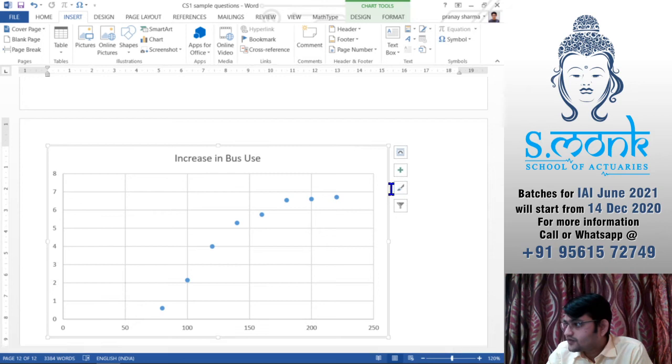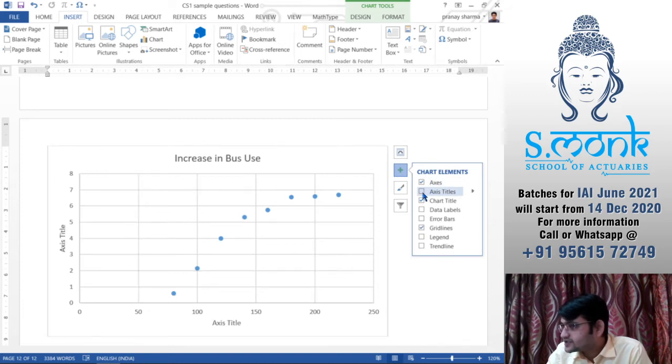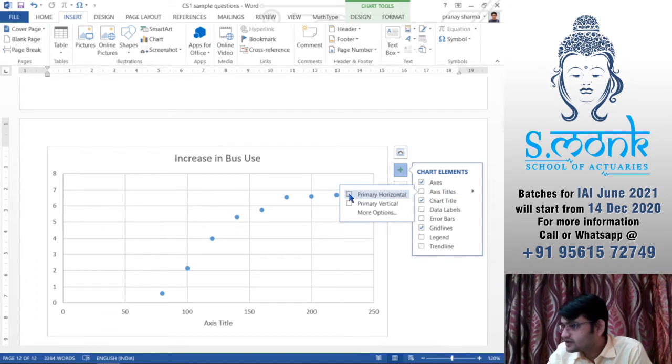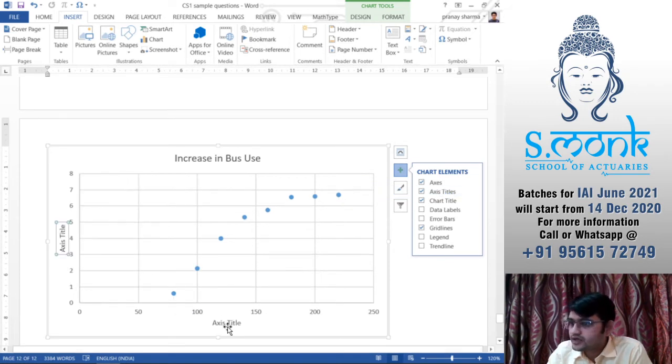Now here if you want to have x-axis and y-axis label as well, just go to plus sign and you will have axis titles. Axis title primary, horizontal, axis title both, then write those axis titles.